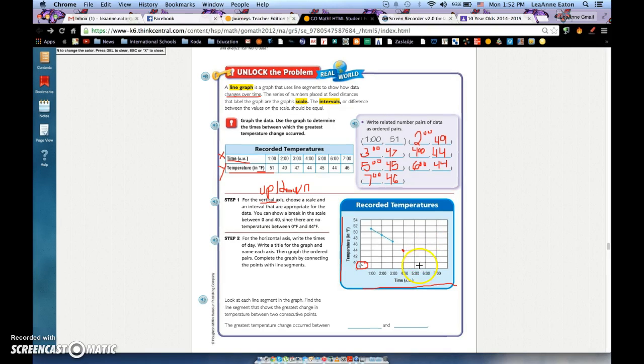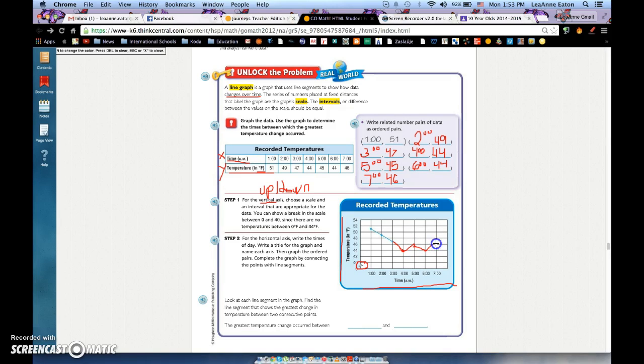5 o'clock is 45. So we're in the middle here. And then 6 o'clock is 44 again, back here. And then 7 o'clock is 46, up to here. Got a little bit warmer. And then, because this is showing change over time, we're going to draw lines.